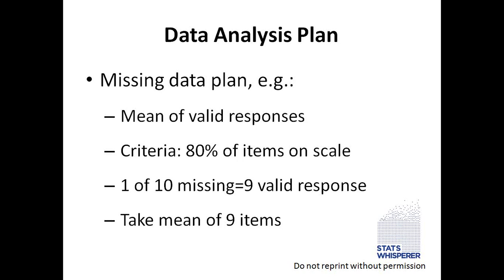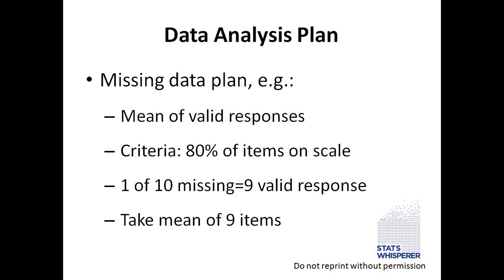So what we said we would do is if somebody had at least 80% of the items of the scale completed, we would take the valid mean of the items they did complete, right? So for example, if somebody was missing one item on a scale that had 10 items, right, they have 9 valid responses, which is 90%, which is greater than 80%, so we'd include them.